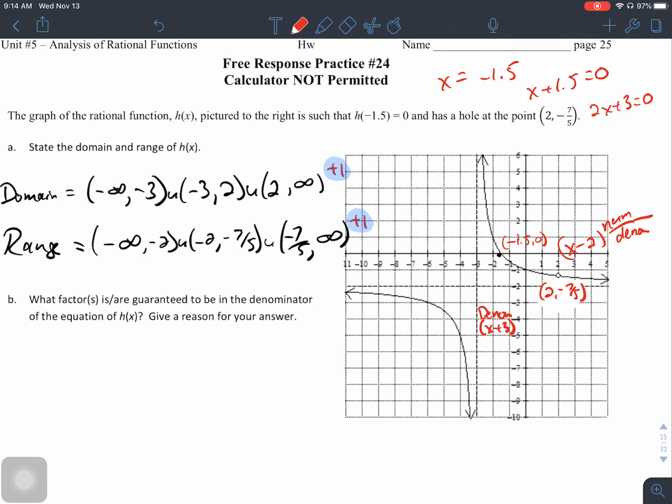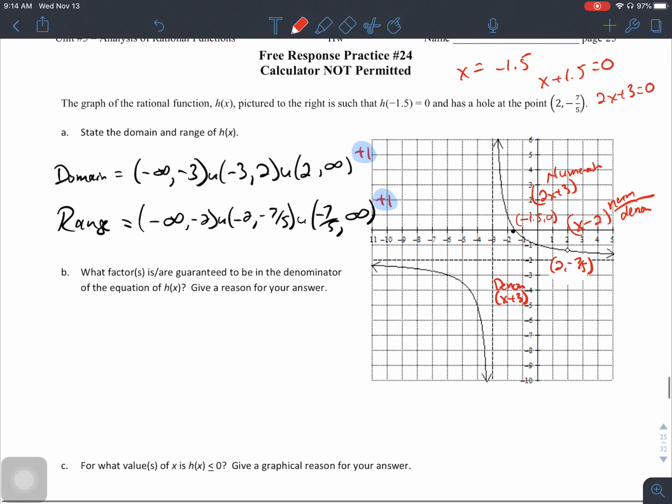Usually these factors are written as non-decimals. So you could either have an x plus 1.5 as a factor in the numerator, or you could have a 2x plus 3 as a factor in the numerator. Either one's acceptable. They're different things, of course, but as far as the factor is concerned, one of those two is a factor, either x plus 1.5 or 2x plus 3.